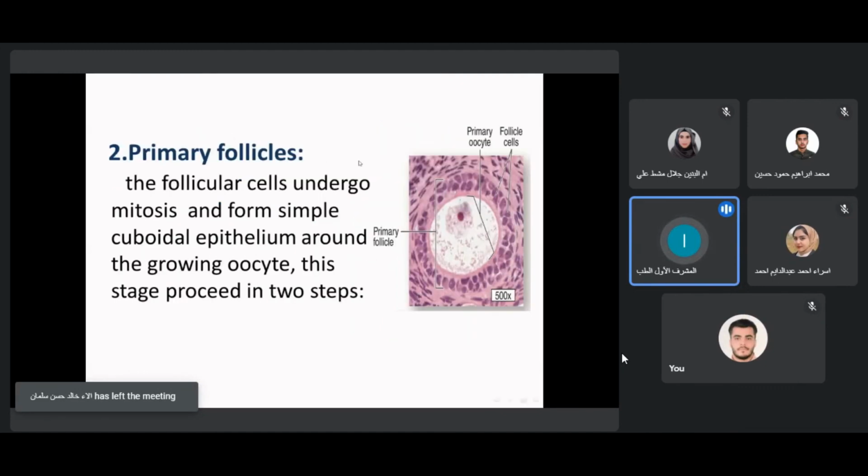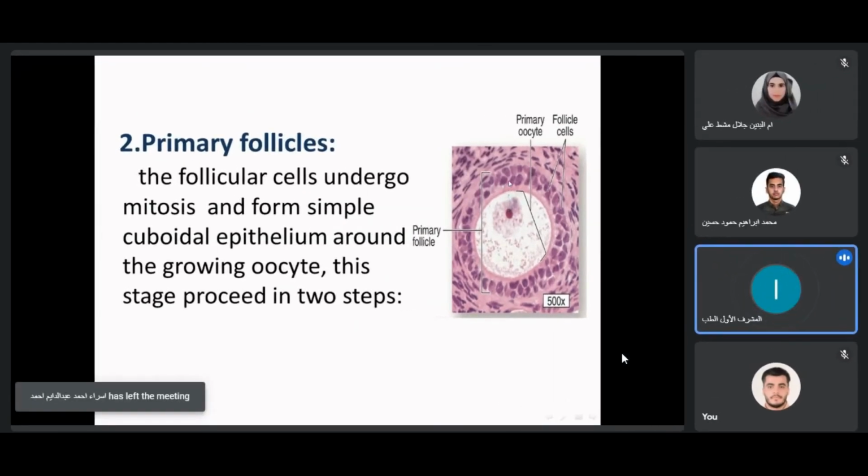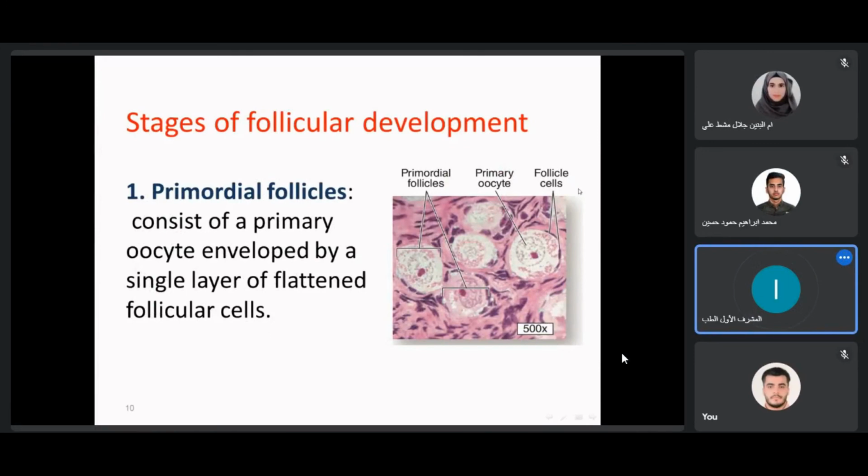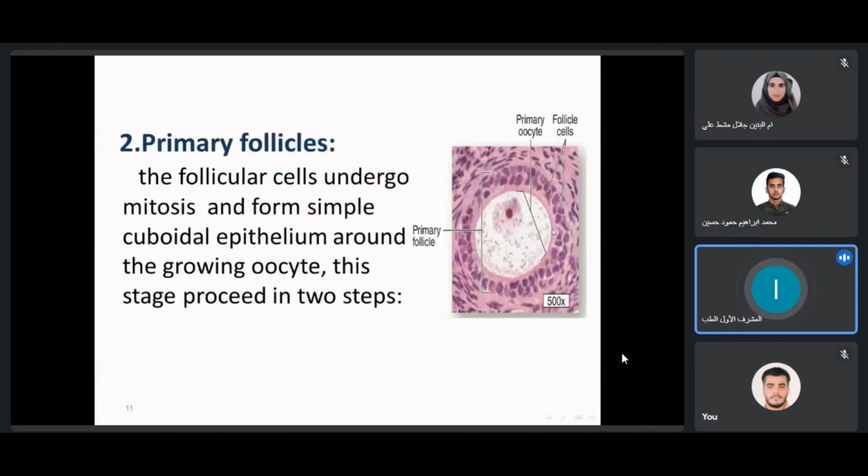And the change of the primordial follicle into this type of primary follicle under hormonal influence will affect the follicular cells. They will change from the flat appearance into this appearance, from flattened into simple cuboidal epithelium that surrounds the growing and enlarging primary oocyte.